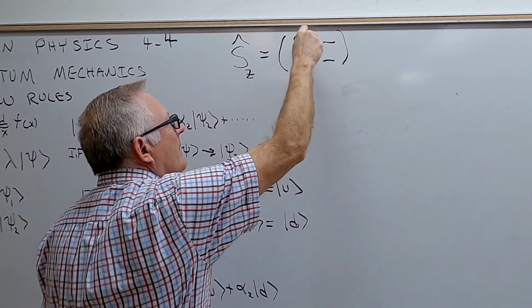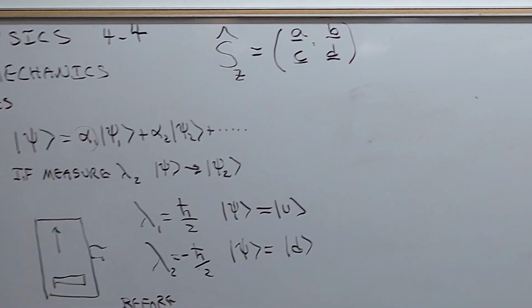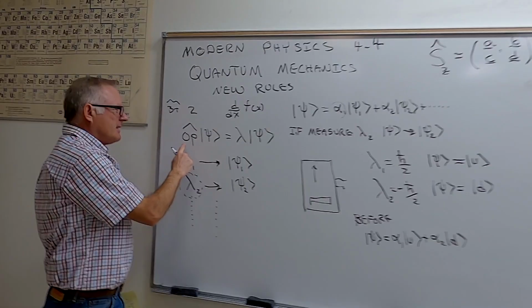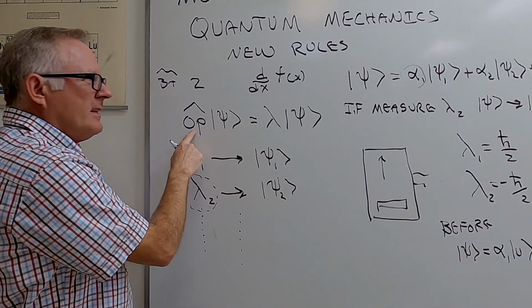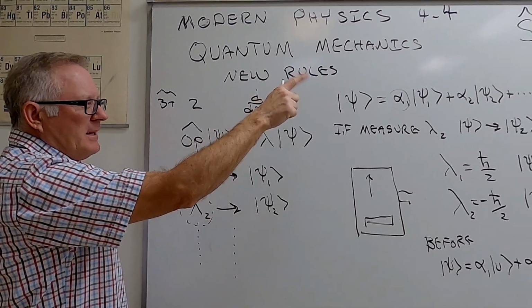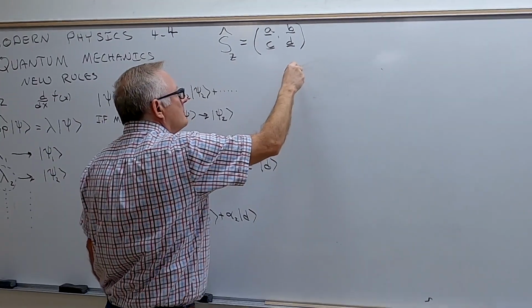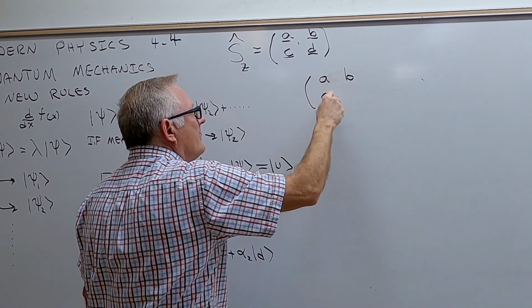How about if we just call them A, B, C, and D, and let's just solve for A, B, C, and D. Okay, so let's just come back to here, and let's plug it in. This thing right here is our operator, A, B, C, D.